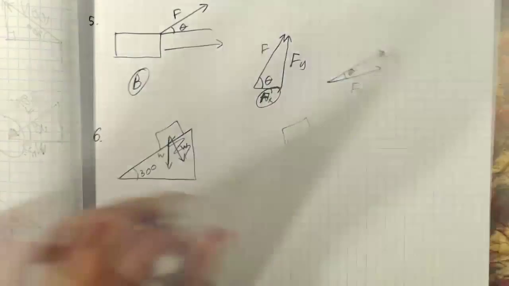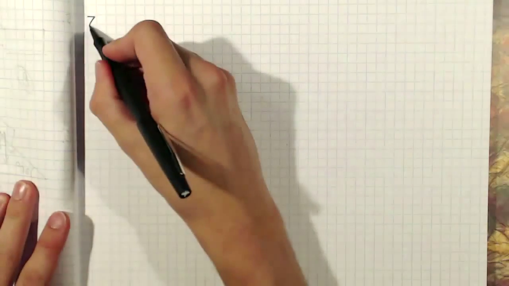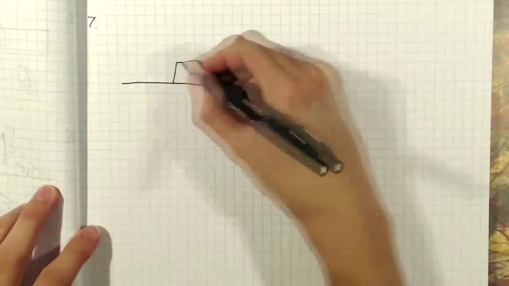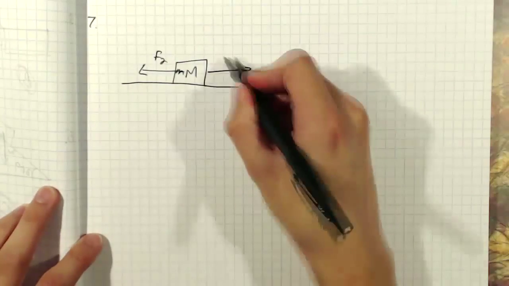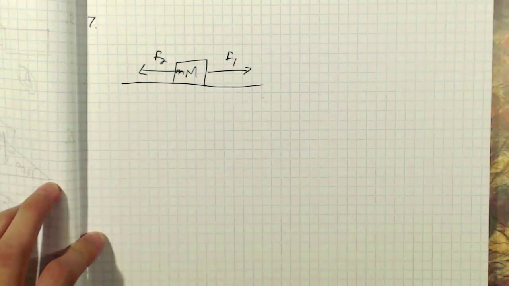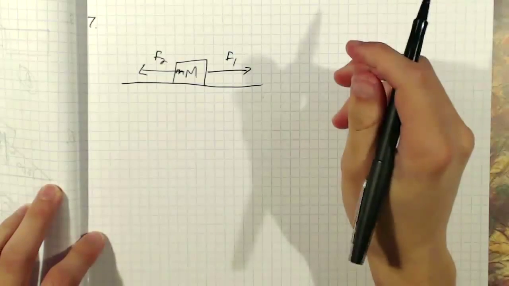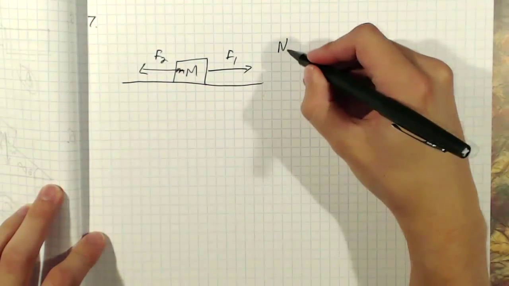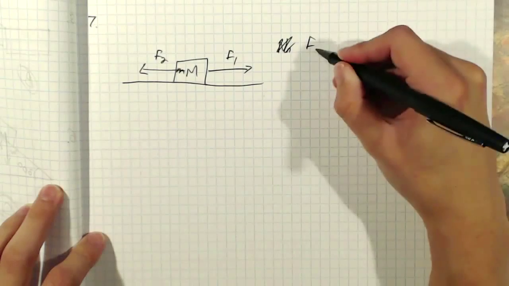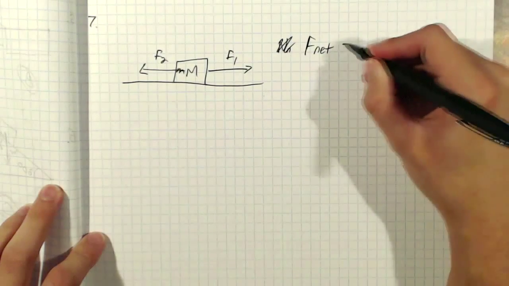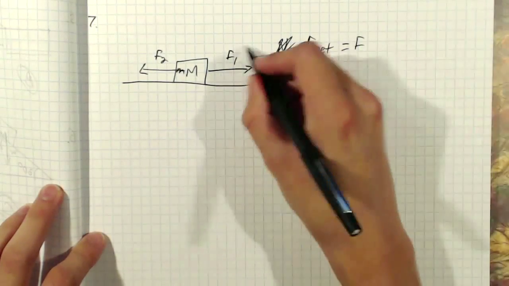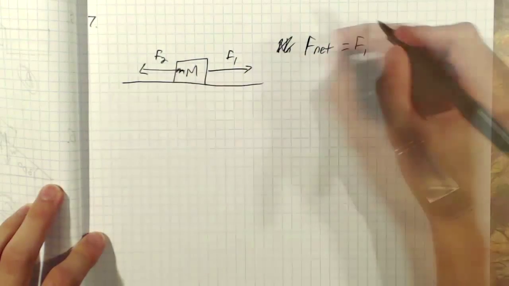The next question is question 7, which says, in the diagram below, box M is on a frictionless table with forces F1 and F2 acting as shown. And it says the magnitude of F1 is greater than the magnitude of F2. Okay, so if this is greater than this, that means our net force, F net, is going to be equal to this force minus this force.